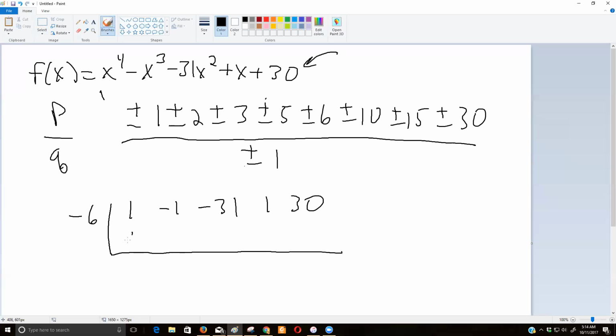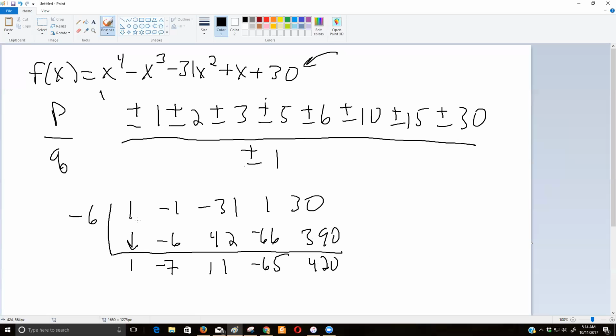Now let's run our division through it. That's -6, which gives -7, then positive 42, which gives 11, then -66, which gives -65, then multiply to get 390, which gives 420.